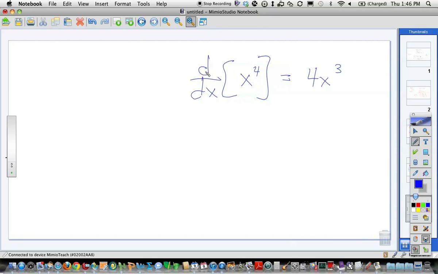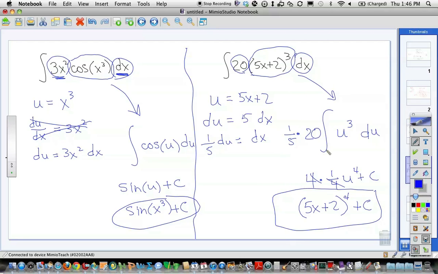In other words, this was just saying do the derivative with respect to x. That's what you did. This is saying do the integral of u cubed with respect to u. That's really all the du is doing there. So yes, when you do the antiderivative, the integral symbol goes away. The du goes away because they were just there telling you do the integral or do the antiderivative with respect to u. So yes, they just go away.